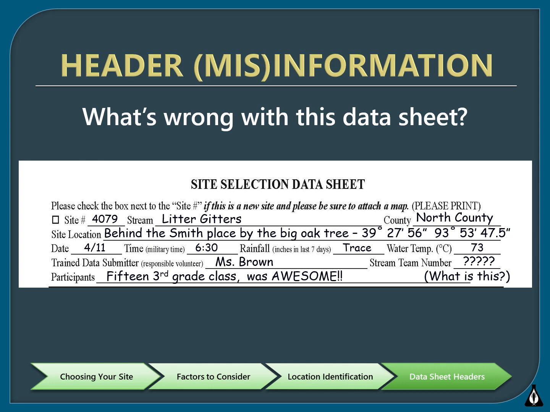So take your time, be descriptive. Again, if you're submitting online, some of these fields will auto-populate for you, which is great. But if you're submitting paper data, please be sure to fill this out completely and accurately.